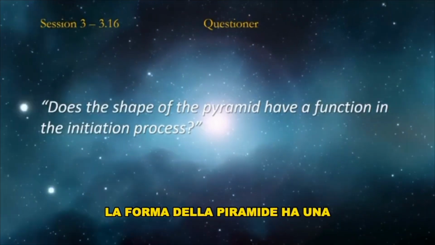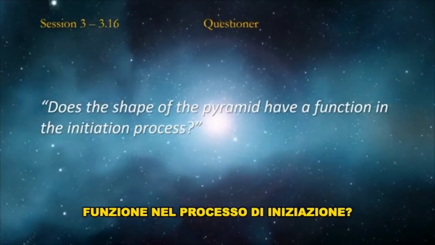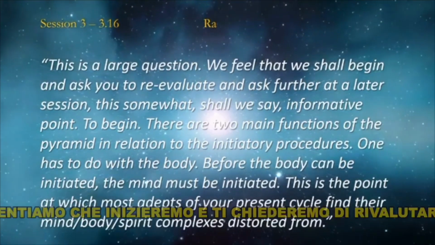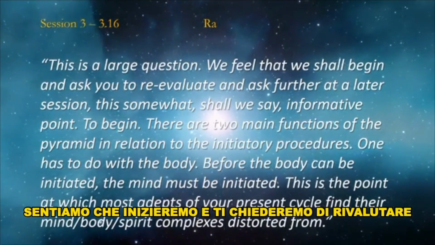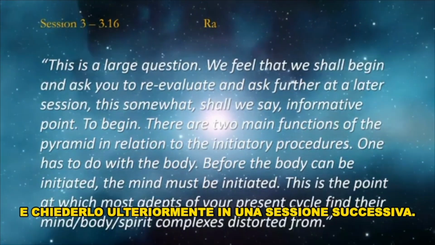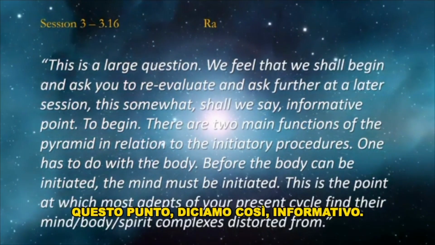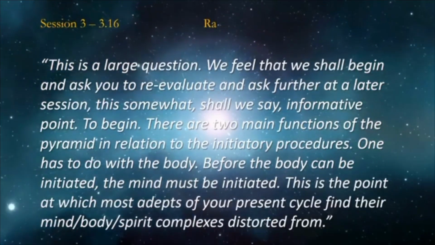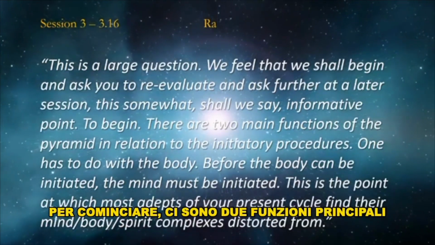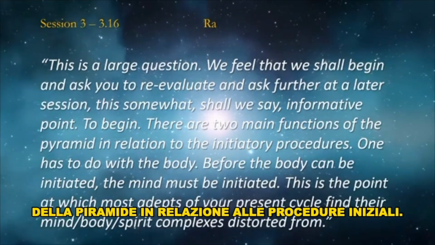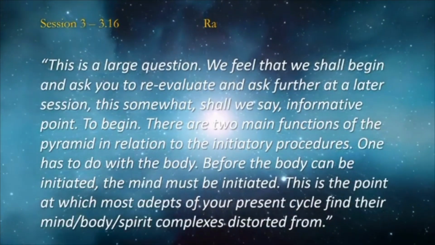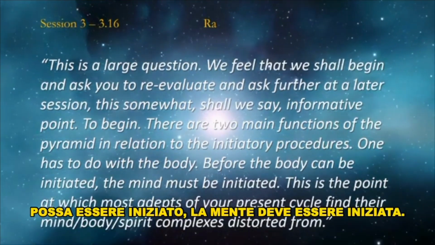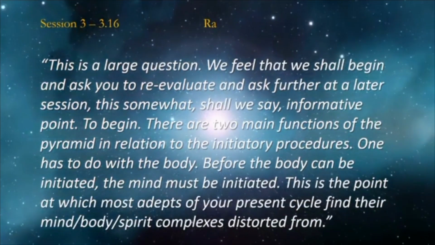Does the shape of the pyramid have a function in the initiation process? This is a large question. We feel that we shall begin and ask you to reevaluate and ask further at a later session. This somewhat, shall we say, informative point. To begin, there are two main functions of the pyramid in relation to the initiatory procedures. One has to do with the body. Before the body can be initiated, the mind must be initiated.